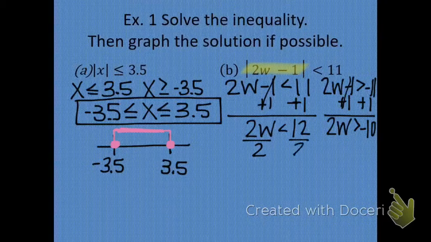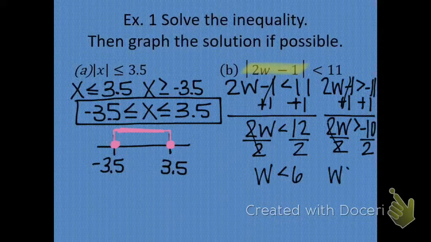Divide both sides by 2, and we do the same to both inequalities. 2 over 2 equals 1, so we cancel. We don't need to bring that down. And w is less than 6. The 2's cancel, and w is greater than negative 5. Now remember, that's not my final answer, so I'm not boxing anything yet. Leave yourself space, and let's graph.